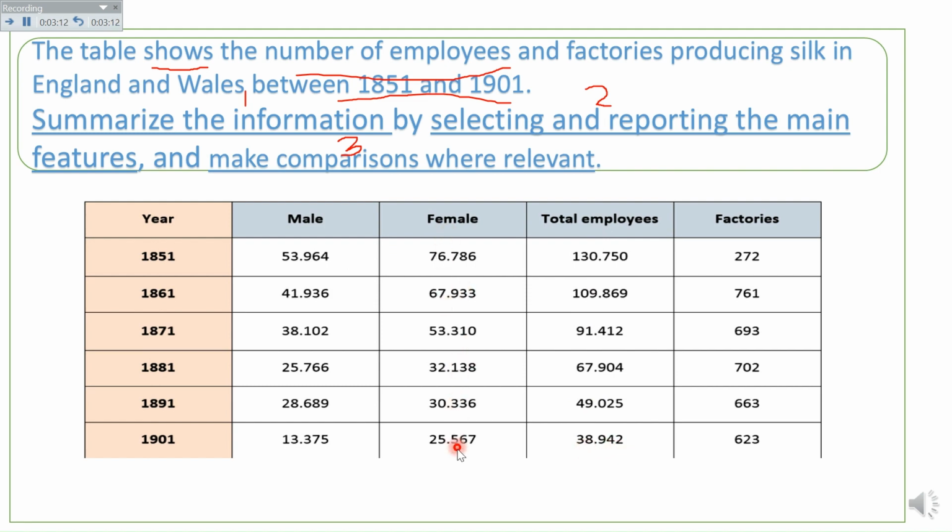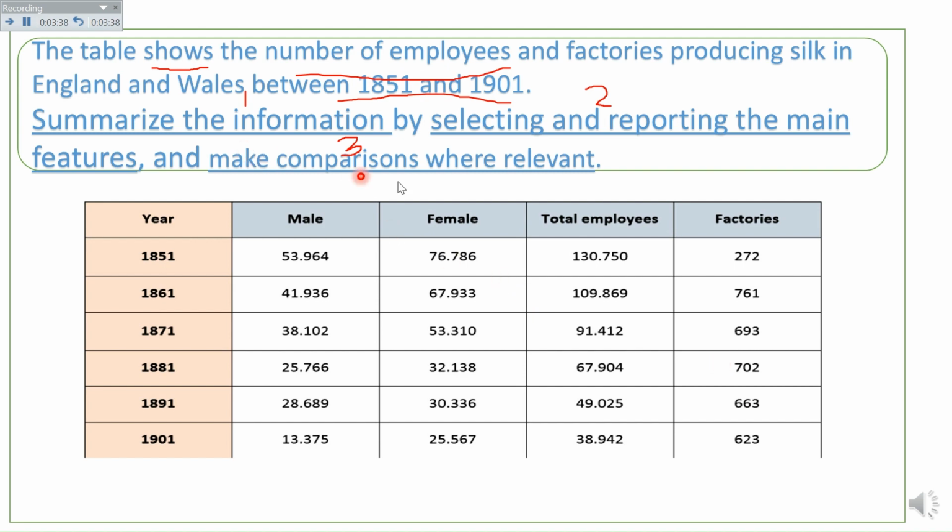So similarly, female and male workers have decreased, while the number of factories we see has increased, but there are some ups and downs. You see, in 1861 it increased, then 1871 it decreased, then 1881 it increased, and then it decreased. So we can call it ups and downs, or we can use the word fluctuation, right?